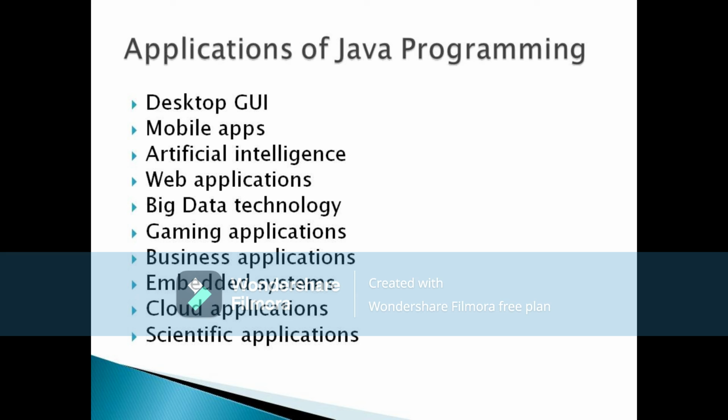Then the second application we have is mobile apps. So Java is a cross-platform framework which can be used to build applications that run across smartphones and other small screen devices, right? So Java is the second most widely used language for mobile apps development.